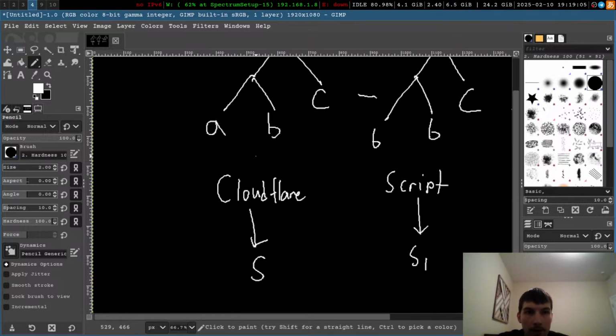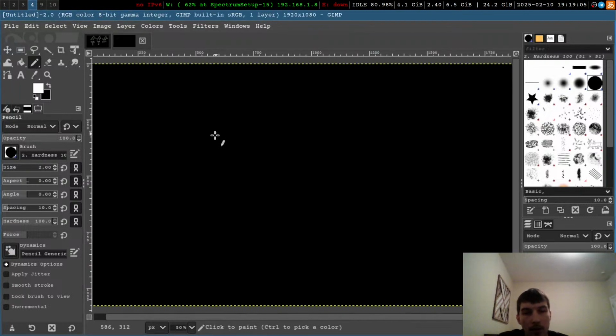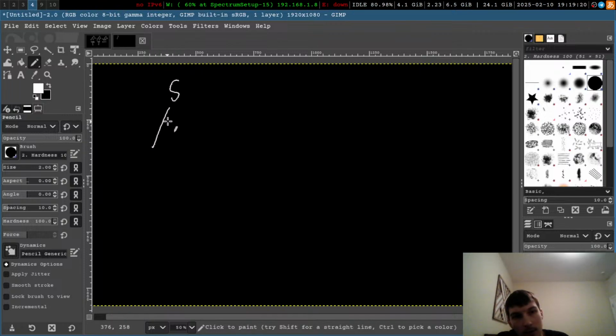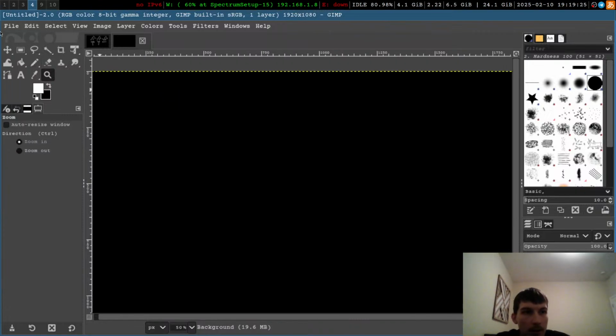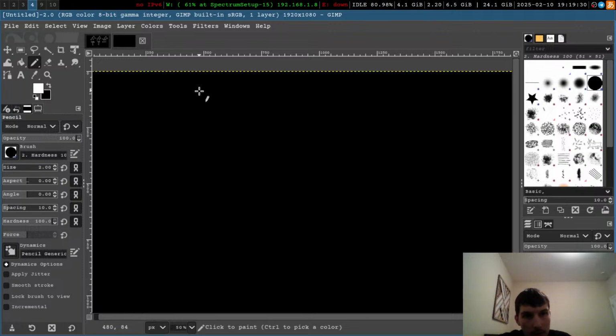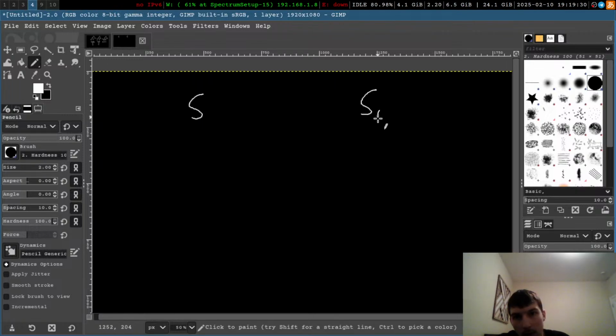So if we have, for example, let's say we turn something from off to on. So we have our S configuration, and then we have our S1.